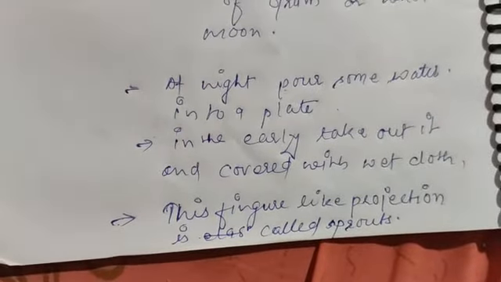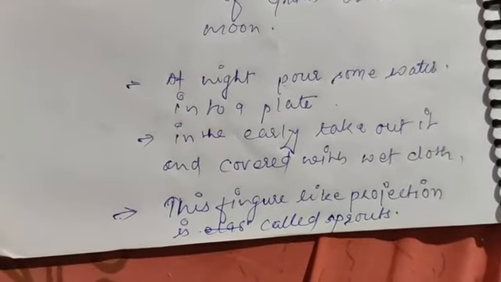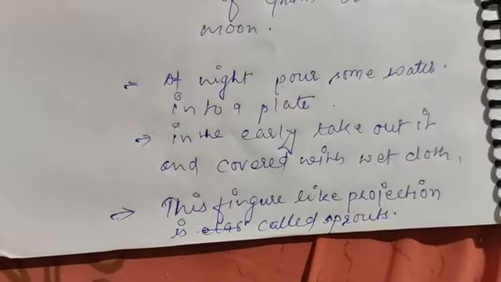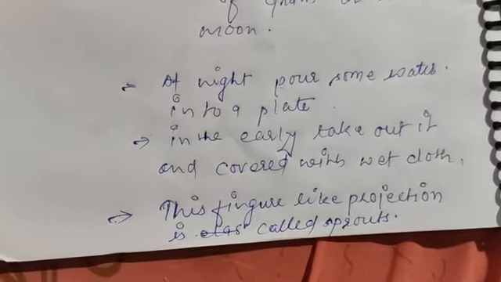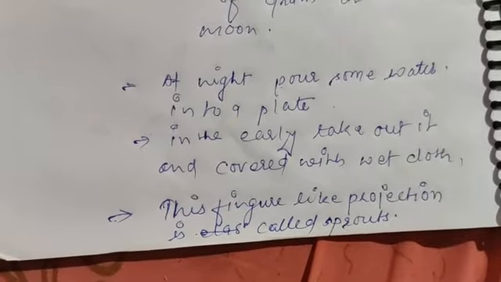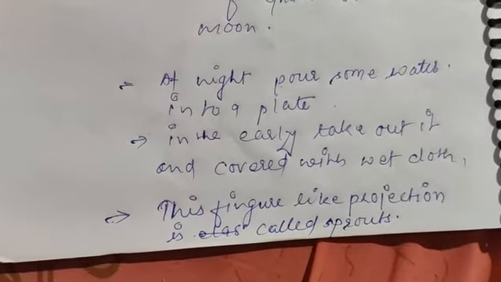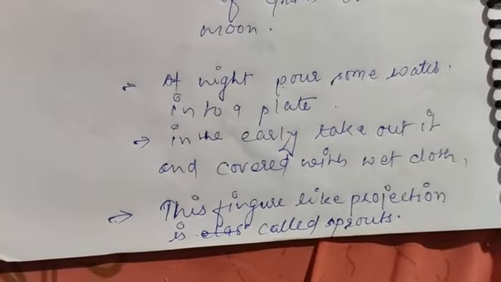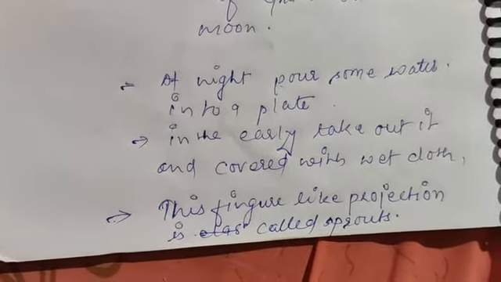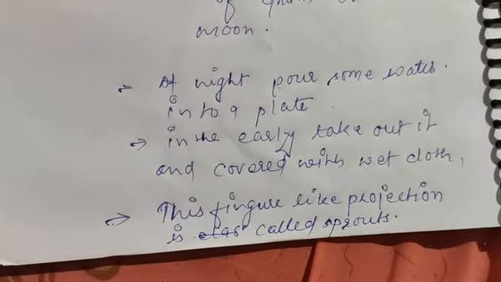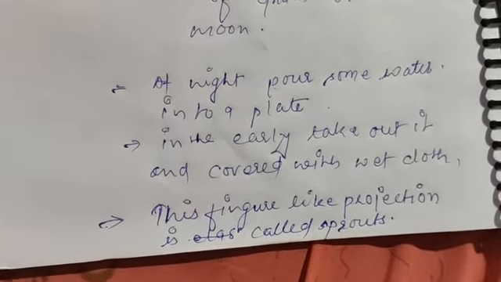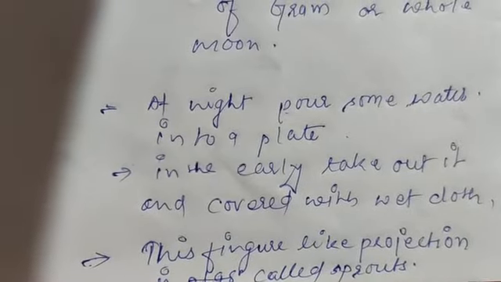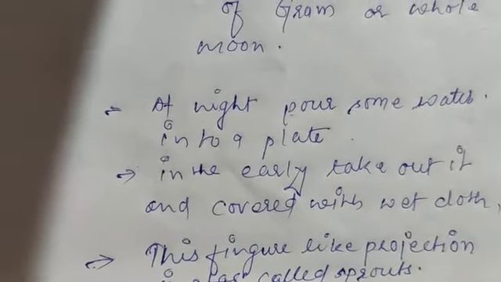In this activity, we learn how to sprout a seed, gram or whole moong, because sprouted moong or gram is very rich in protein, and it is very helpful to get protein for the body, to maintain our body metabolism.